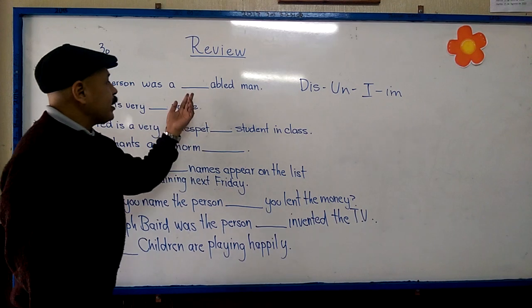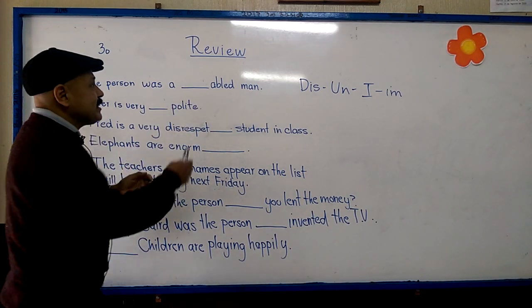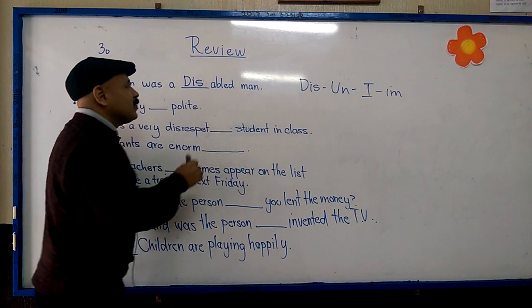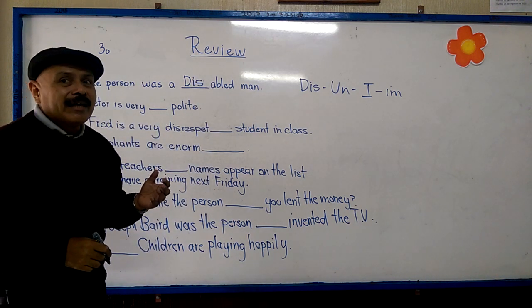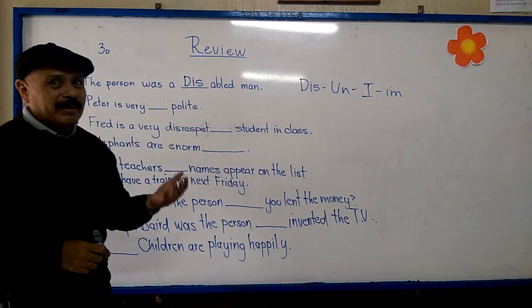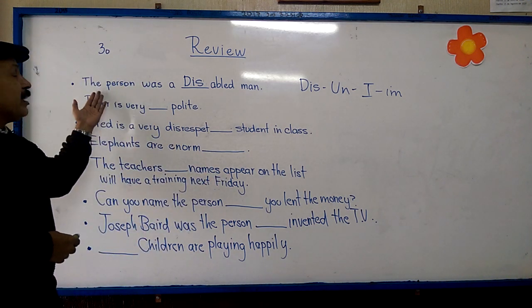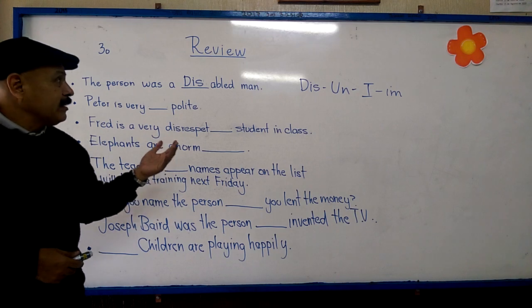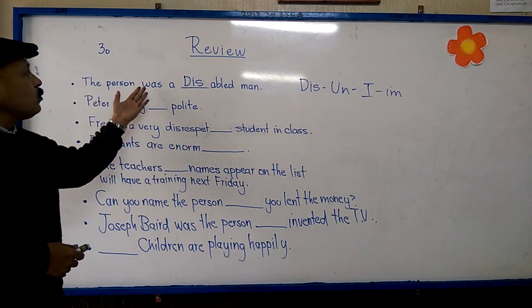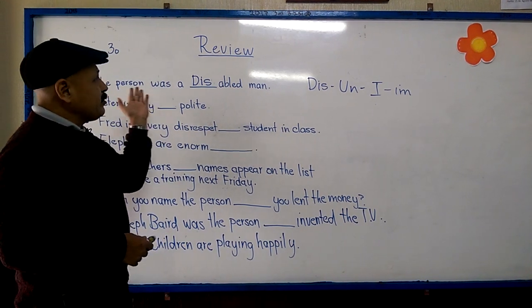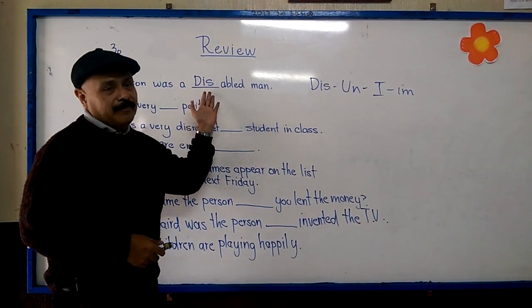In this case, what is the correct one for disabled? Disabled. What is disabled? Una persona incapacitada. En español decimos con capacidades especiales, pero es un eufemismo. De hecho, también existe la palabra incapacidad, ¿verdad? Entonces, the person was a disabled man. La persona era una persona incapacitada, right?